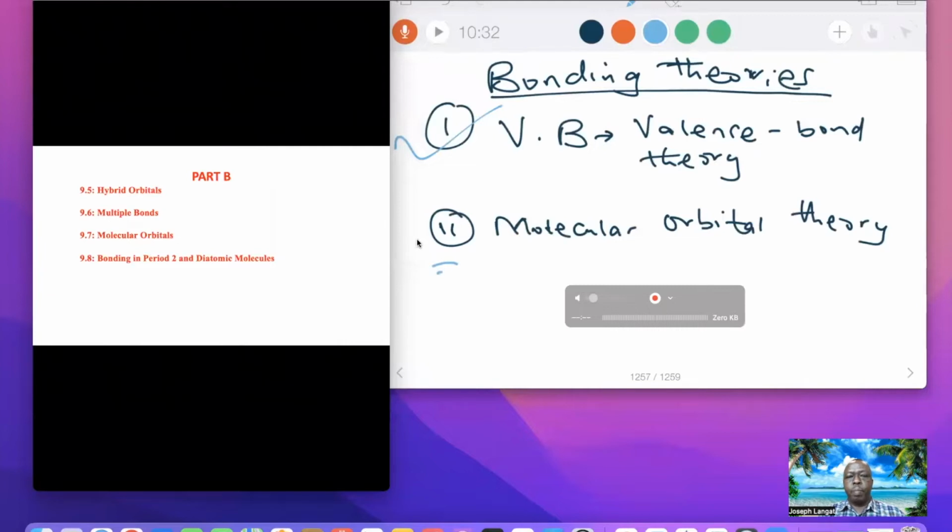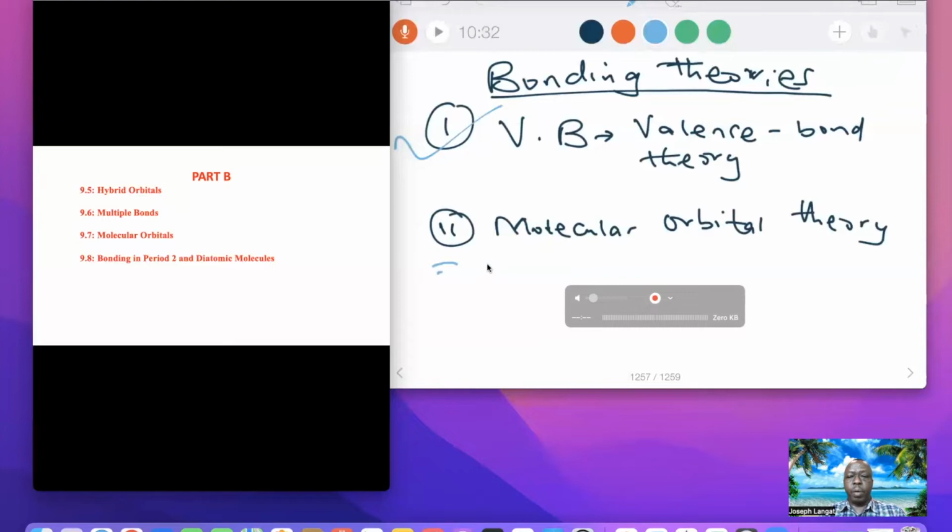In part A, we looked at the valence bond theory, where we know that the formation of a covalent bond is a result of overlap of atomic orbitals.